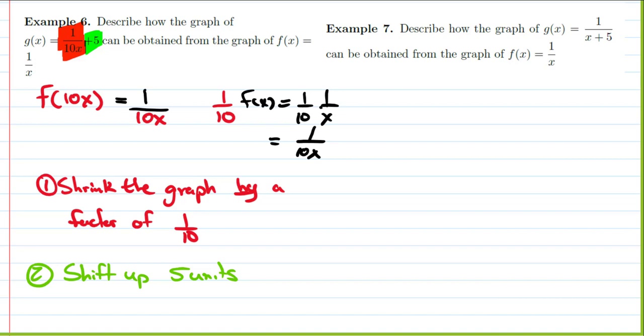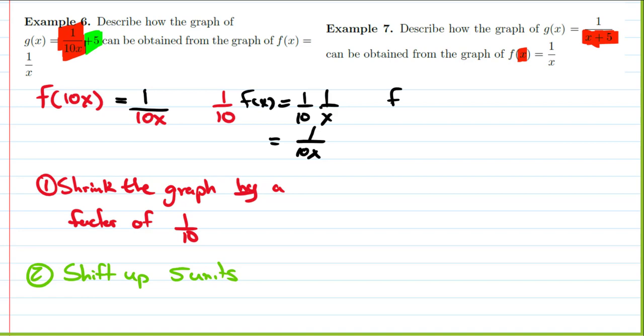All right, so we look at our next one, and we want to know how the graph g of x equals 1 over x plus 5 can be obtained from the graph of f of x equals 1 over x. Well, this one we want to recognize as function composition, because we are going to replace x with x plus 5.